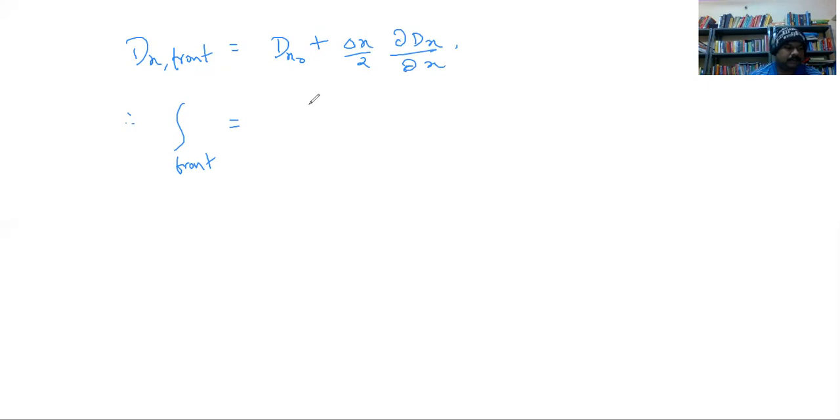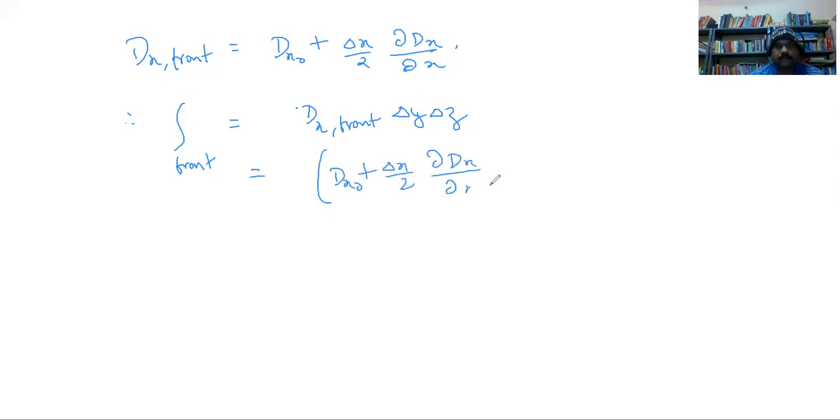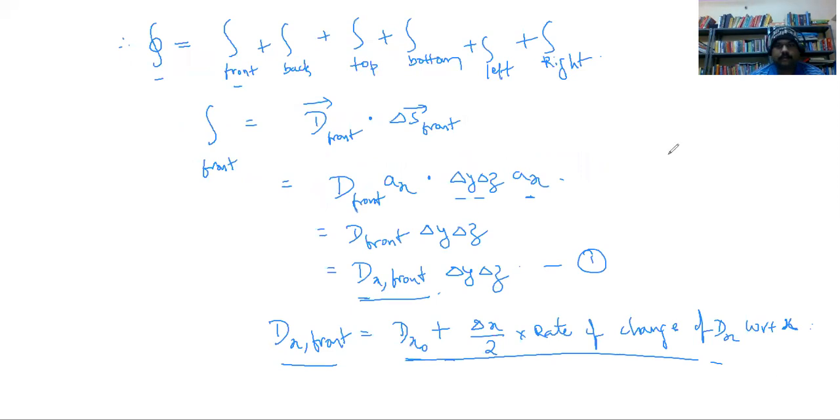Front integral is nothing but Dx front into delta y into delta z. So this is nothing but Dx naught plus delta x by 2 rate of change of Dx with respect to x, into delta y into delta z. Okay, so we will call this equation 2.